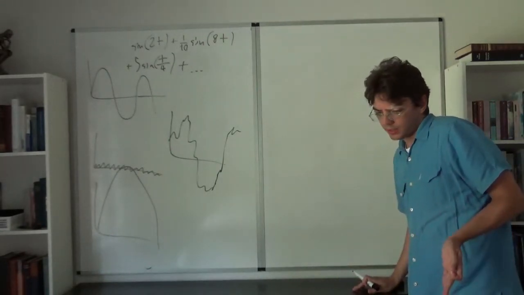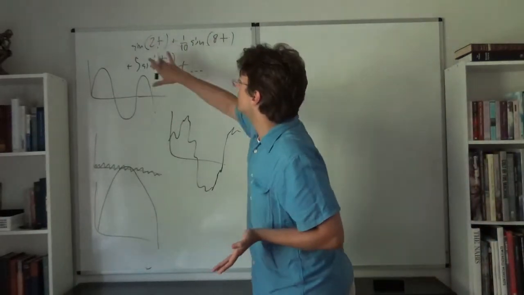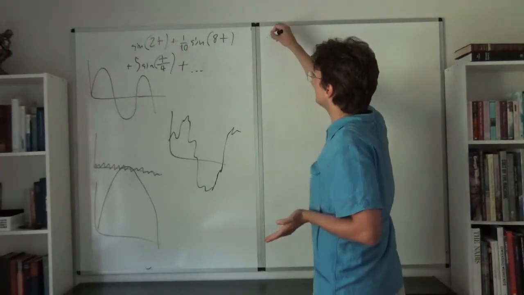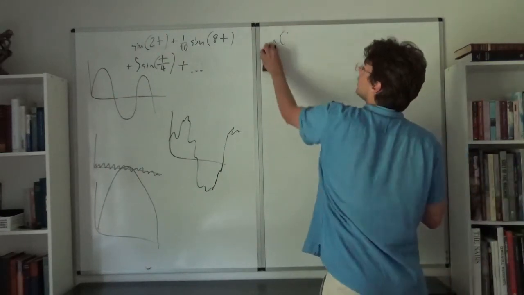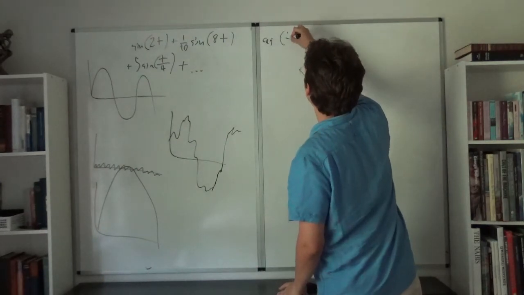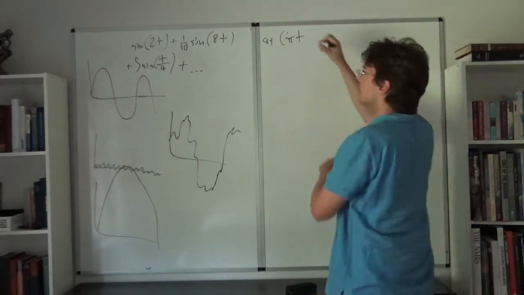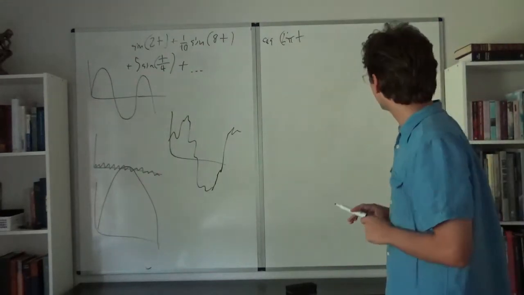So let's do a particular situation. Let's say you're given some combination of these guys. Something like sine. I'm going to do cosine just to make my life less agonizing. Cosine pi t. I'm going to put the pi in there just so that it's a little more straightforward for me.